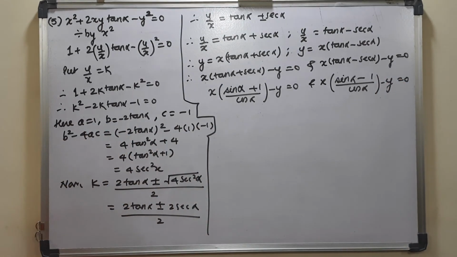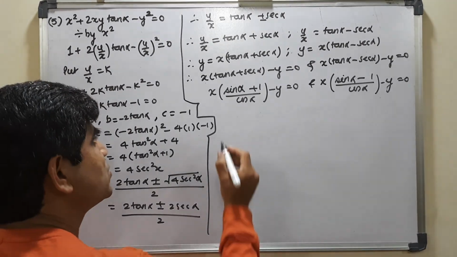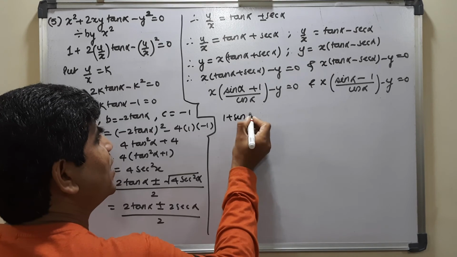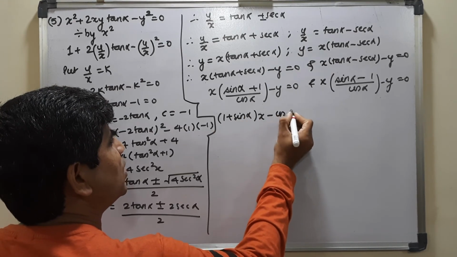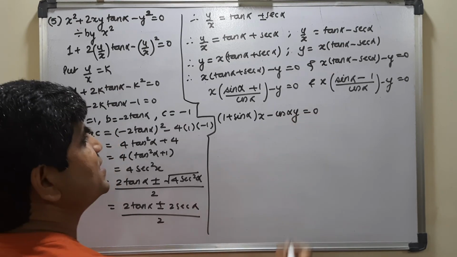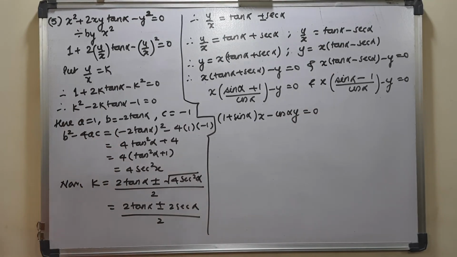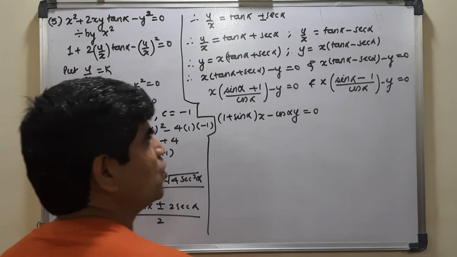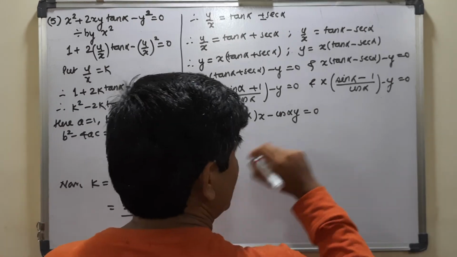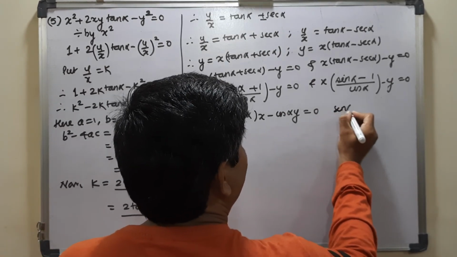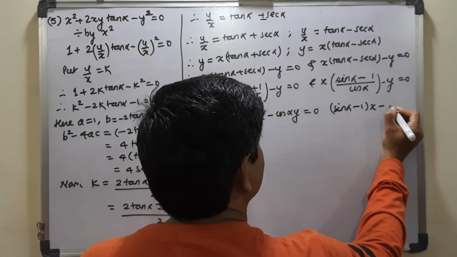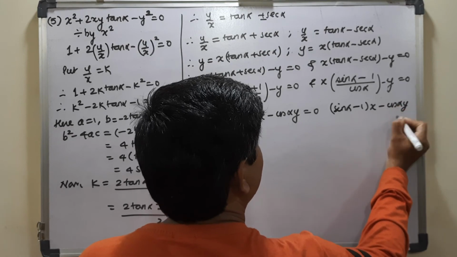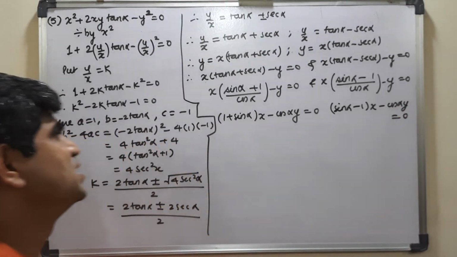Right? Yes or no? So on solving it, what you get here is 1 plus sine alpha into x minus cos alpha y is equal to 0. Then you get sine alpha minus 1 into x minus cos alpha y is equal to 0.